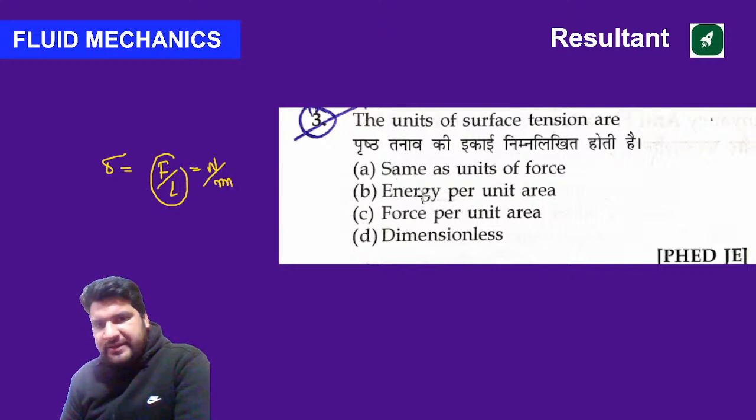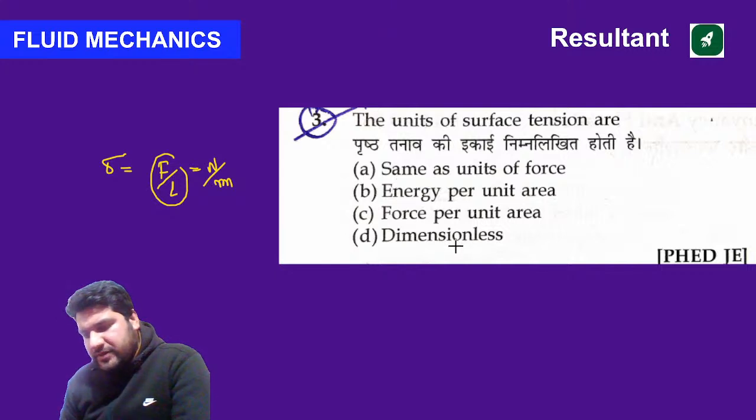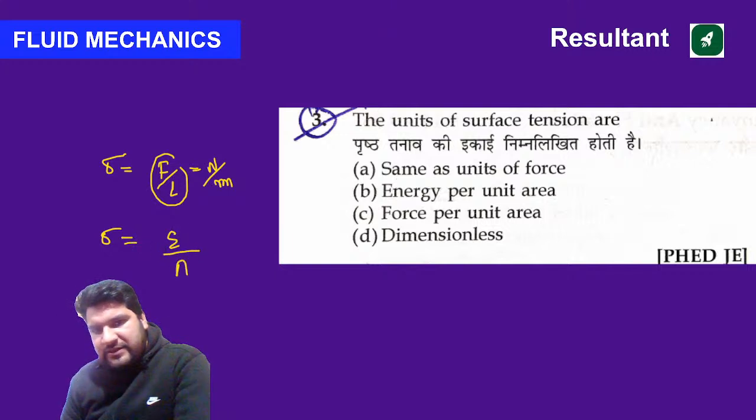There is no option of Newton per meter. So we can say that sigma, the surface tension, is also defined as energy per unit area, or work done per unit area. This is another definition.